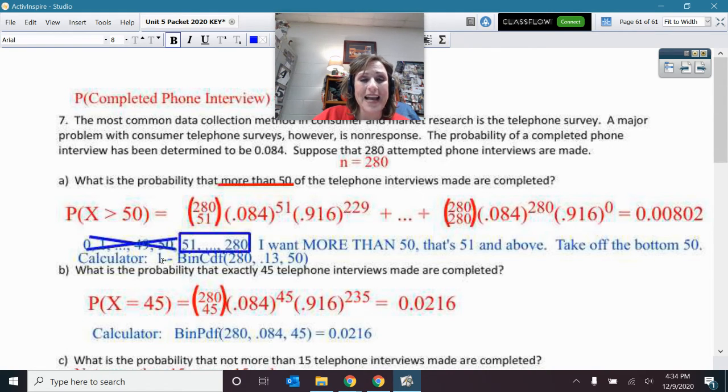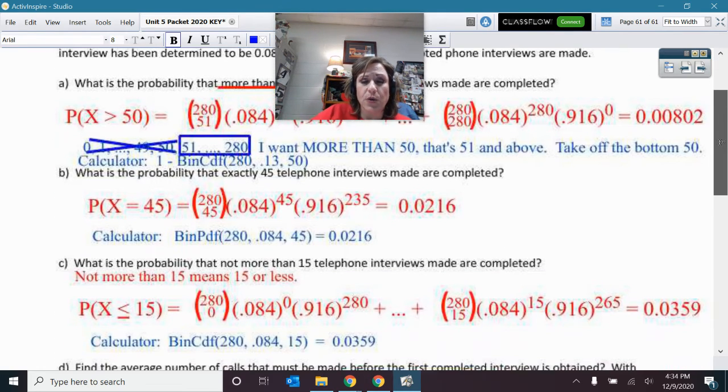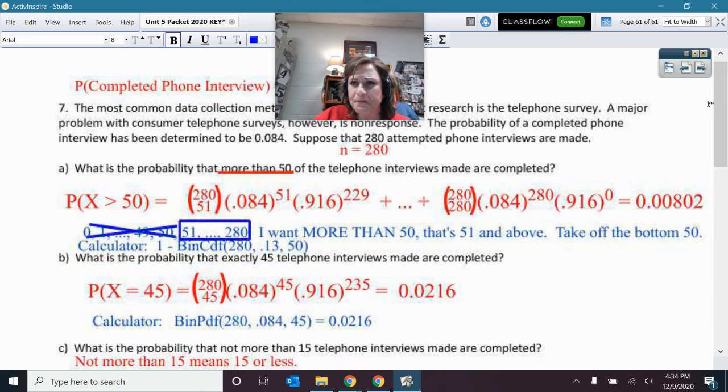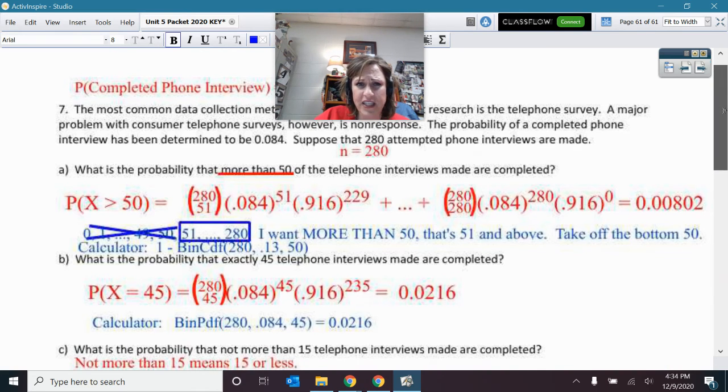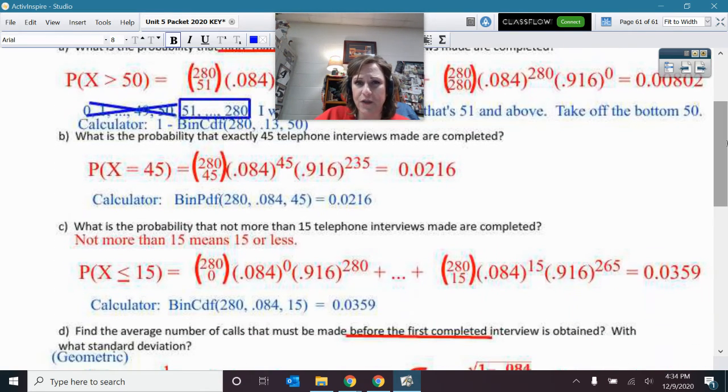So that's 1 minus the accumulation of the bottom 50. All right, so that's 0.00802. So wow, if you're sitting there, not very likely that you're going to get more than 50 interviews completed out of 280.